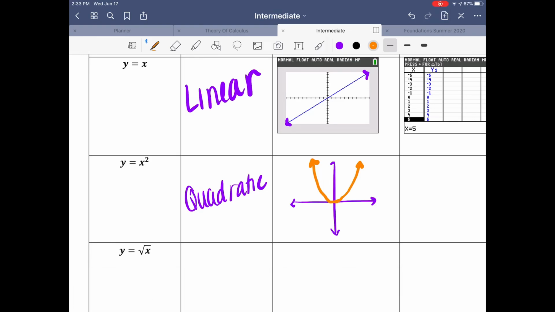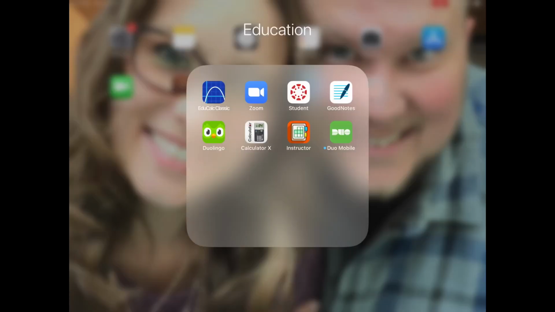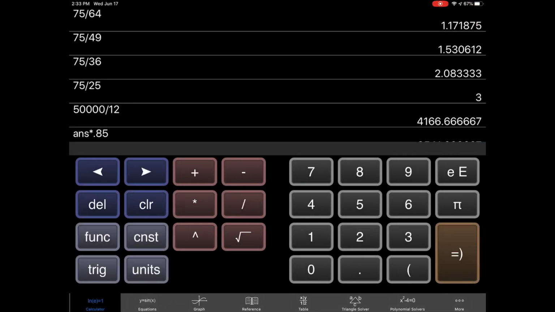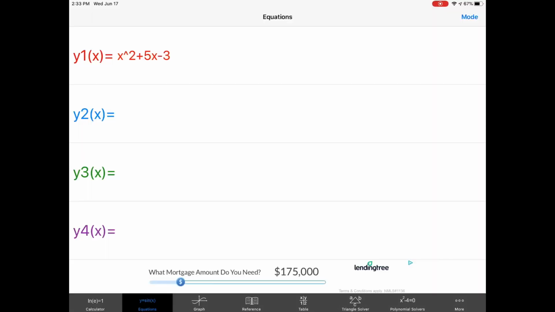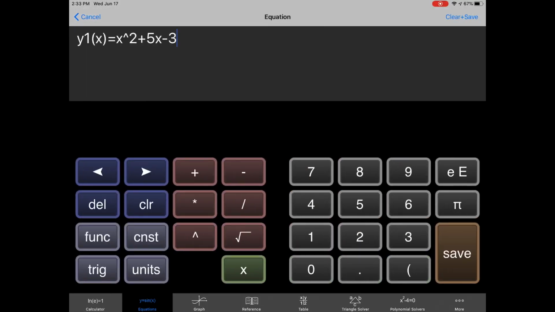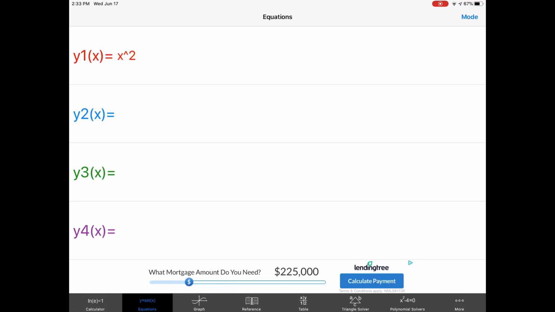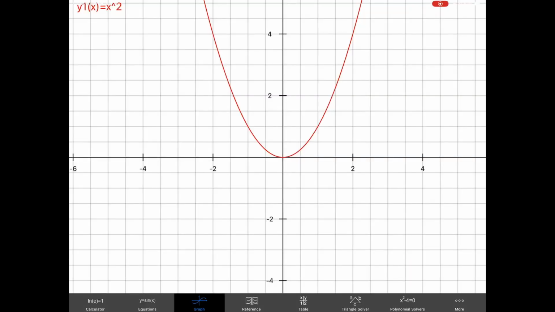I have a calculator app. Let me find it. This is a free app, EDU Calc Classic. I'm going to go to y equals down at the bottom left. I'm going to clear that. I'm going to type in x raised to the second. That means x squared. Save it. Then I'm going to go to the graph, and you can see it's similar to my graph that I sketched.